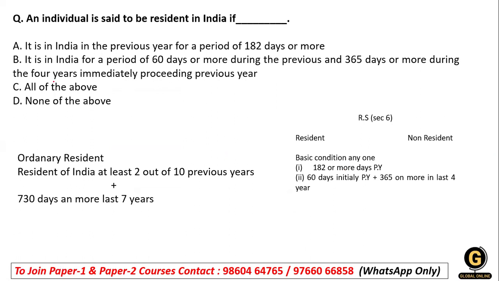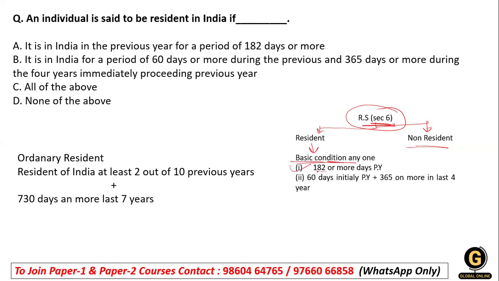Now, next question: an individual is said to be a resident in India. For residential status, Section 6 is given. The residential status is divided into two parts, that is resident and non-resident. In case of non-resident, there is nothing more, but for resident, two conditions are given.